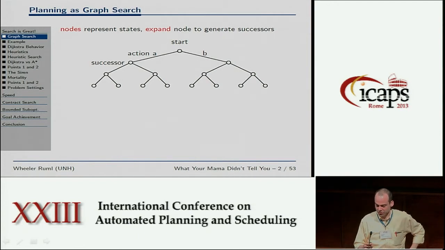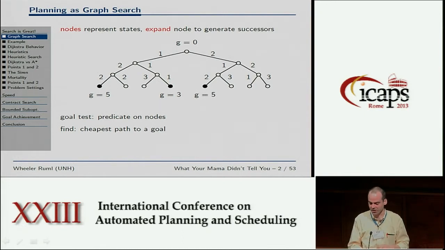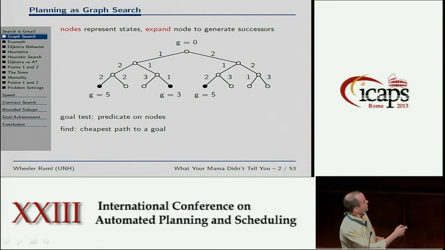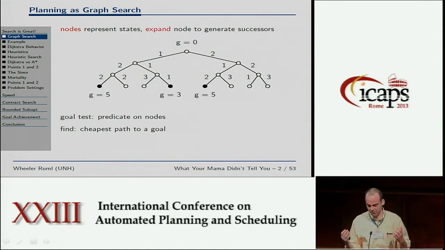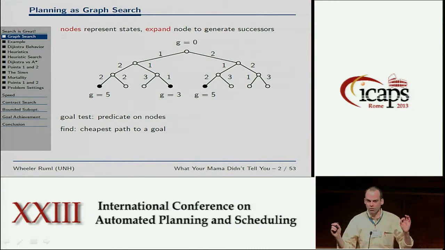And to represent the objective of the problem, there's going to be a goal test, a predicate that we can run on nodes. You can see we've got these colored nodes here representing goals. To represent what we're trying to optimize in the planning problem, we're going to assign costs to the edges. Every edge will be labeled by a number representing the cost of doing that action. The goal of planning now is to search this tree to find the goals that have the cheapest costs.